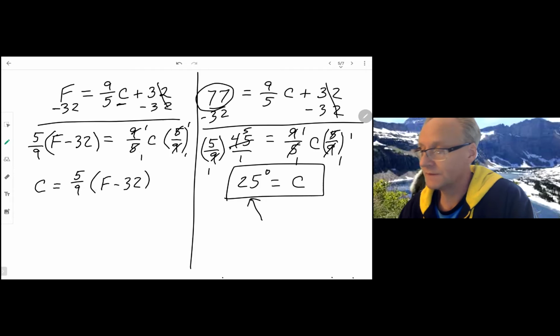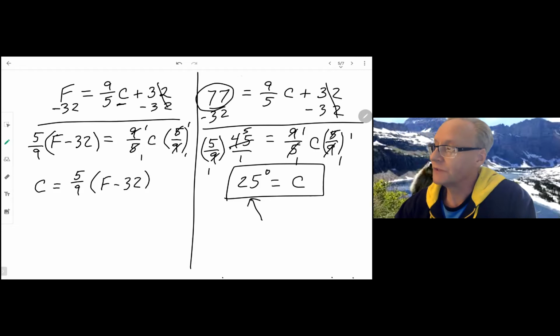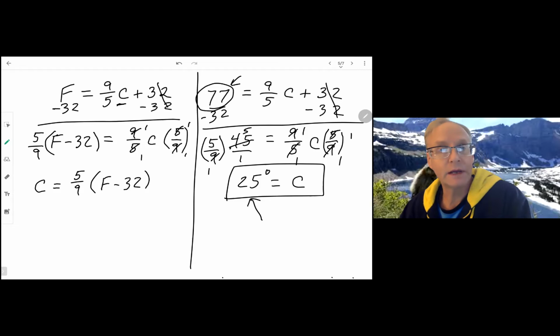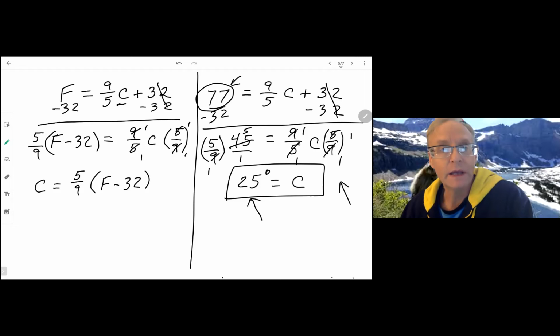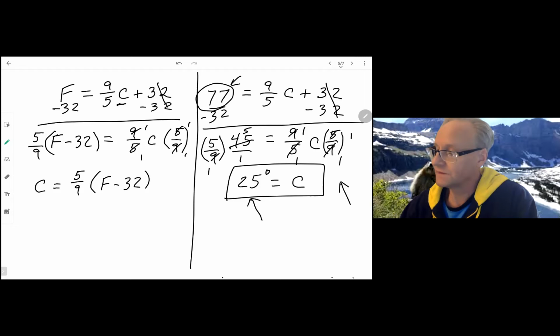This side is the same, I just switched sides for this. Now, why would I want to do this? Here's why. If I have a bunch of temperatures in Fahrenheit that I want to convert to Celsius, I could go through all this trouble every single time and solve my formula for the C in each case. Or I could solve the formula once for Celsius, and now I can just substitute in my Fahrenheit.